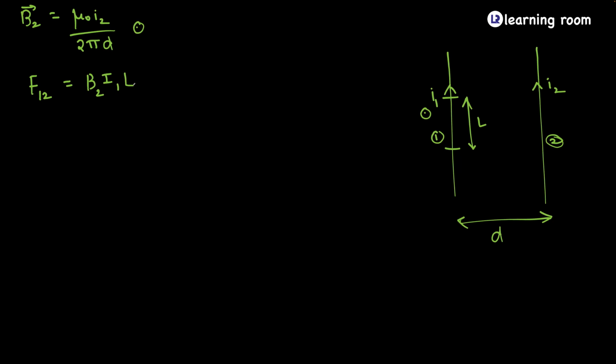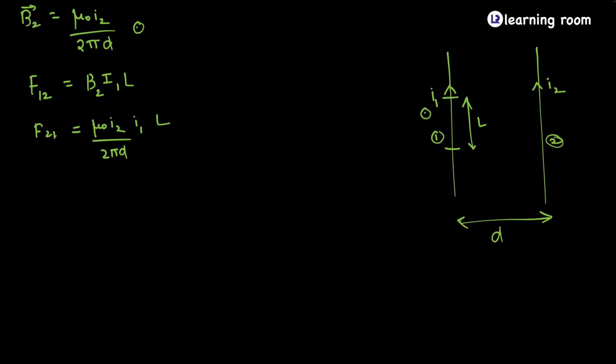This is L and this is the direction of magnetic field. When you turn and see, it is 90 degrees. So again sine 90, and I need not worry about this. B2 is mu naught I2 divided by 2 pi D, into I1, and the length is capital L. So this is going to be F12.